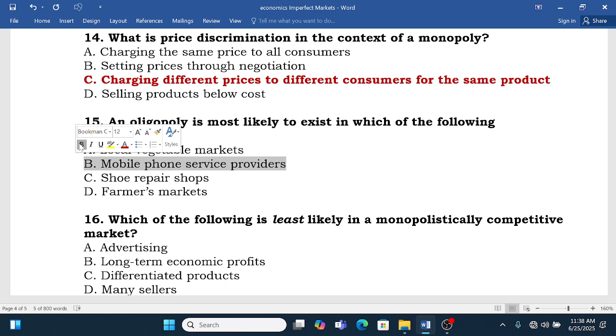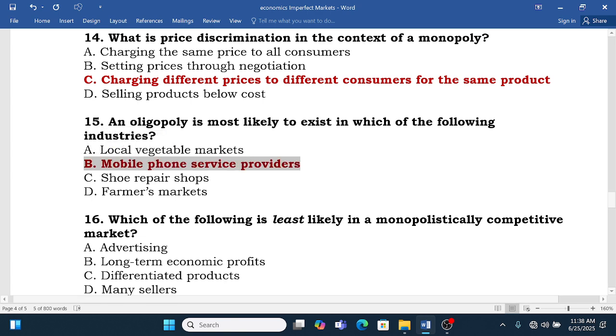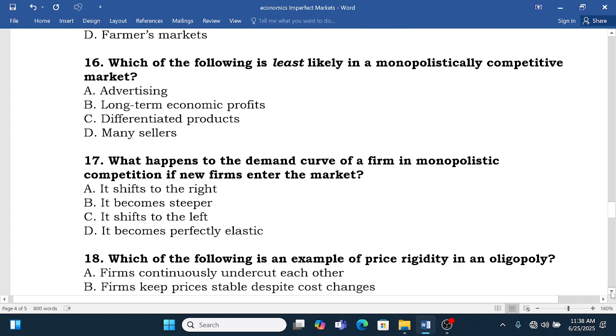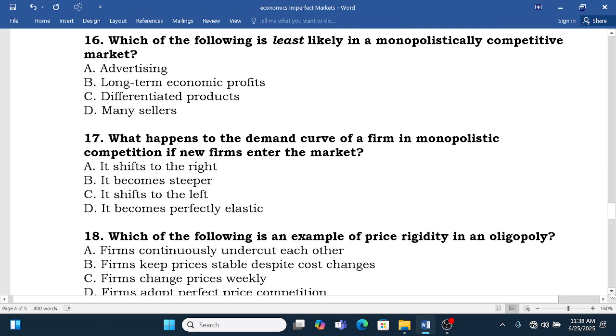We go to question number 16. Which of the following is least likely in a monopolistically competitive market? A, advertising. B, long-term economic profits. C, differentiated product. D, many sellers. So the correct answer is B, long-term economic profits.